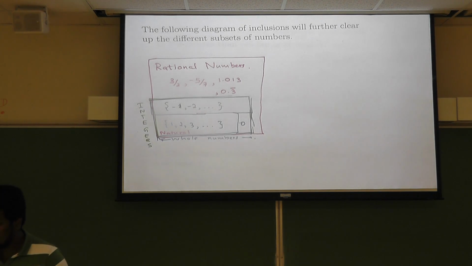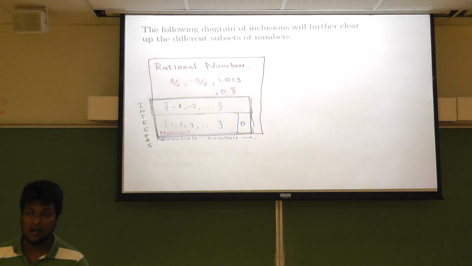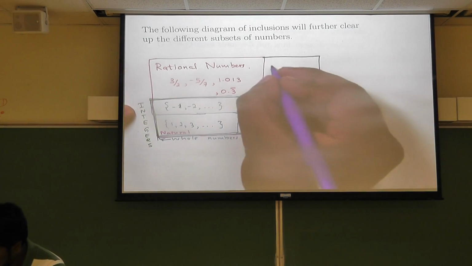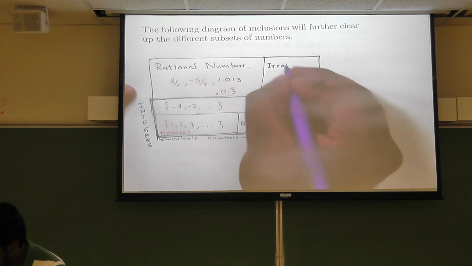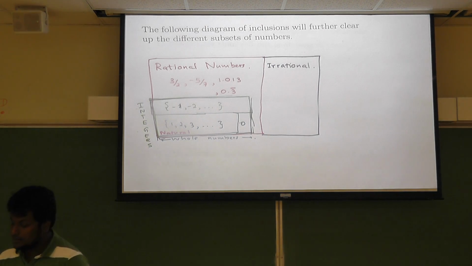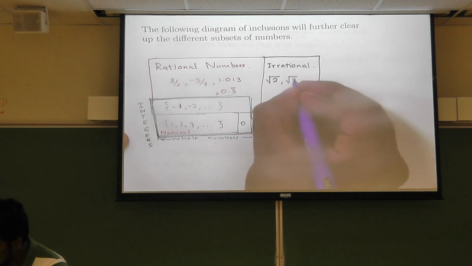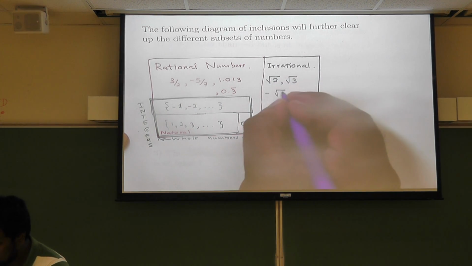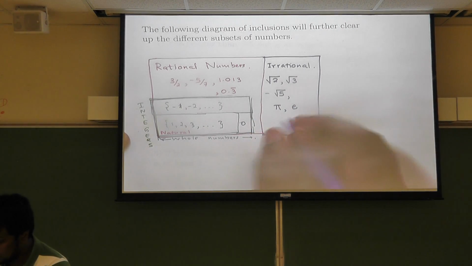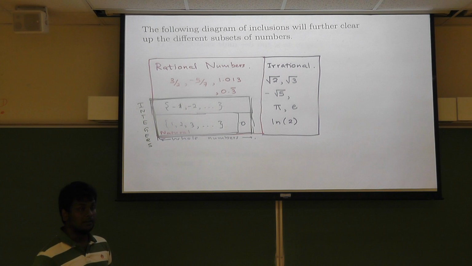And then we see that there are some numbers that are not rational, that cannot be expressed in this fractional form. Those are real numbers too, and we call them irrational. Examples are square roots of non-perfect squares like root 2, square root of 3, or negative square root of 5, or numbers like pi, e, and log of 2, which you will learn in the future.